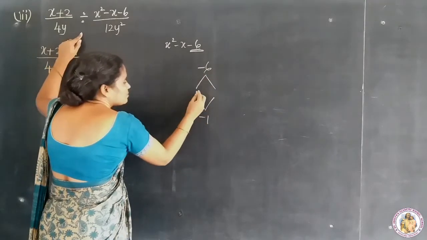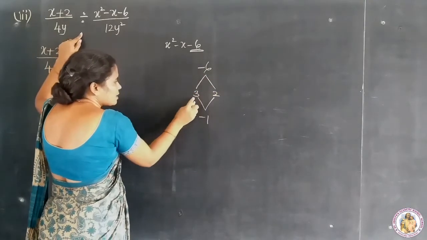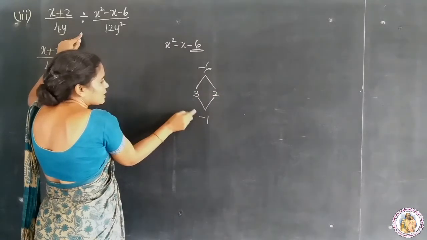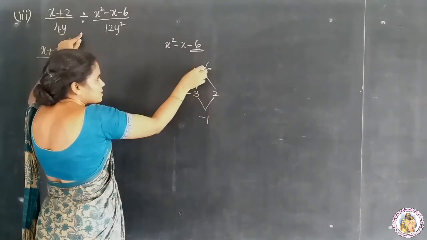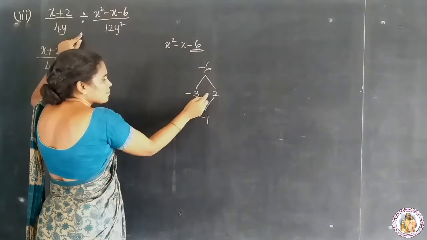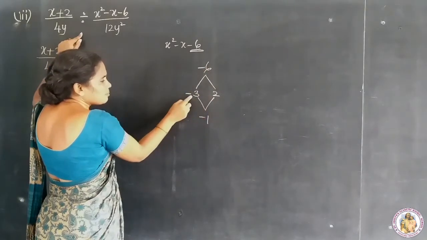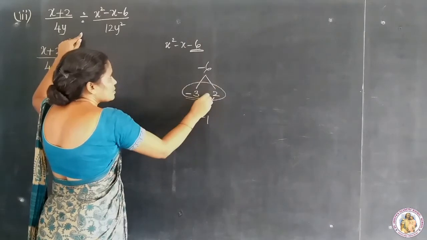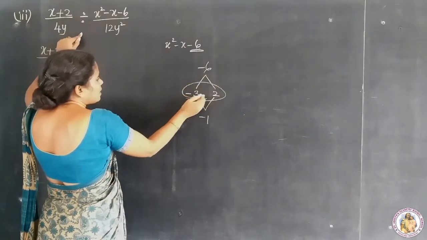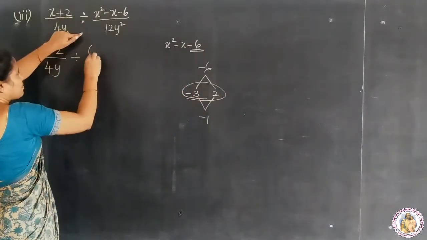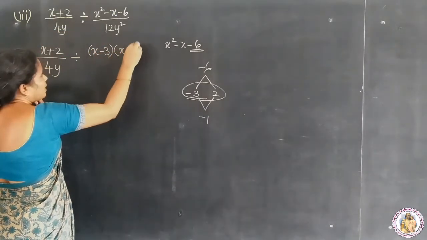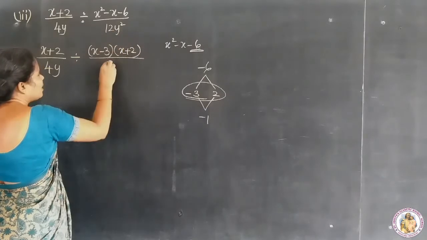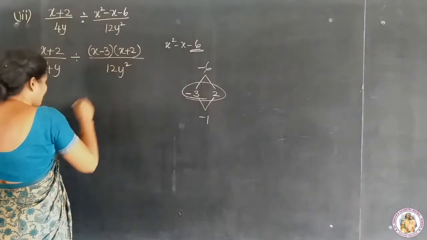So 3 2s are 6, and give minus for the greater number, plus into minus, minus. So 3 minus 2 is 1. So taking (x minus 3) as one factor and (x plus 2) as another factor, divided by 12y square.